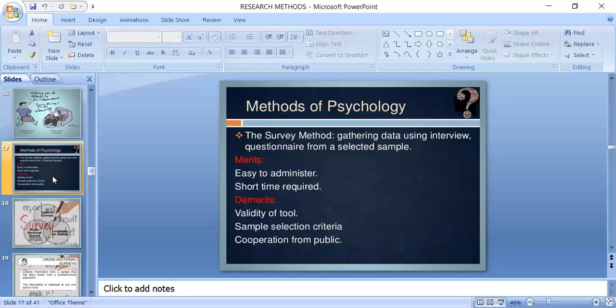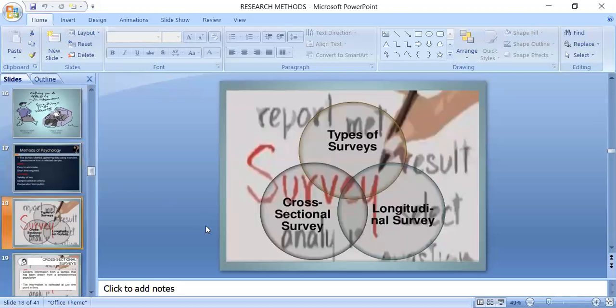It means that you are manipulating or observing your variables, your dependent and independent variables, in a very close setting, in a desired setting in which you want to study your participants. Clear?